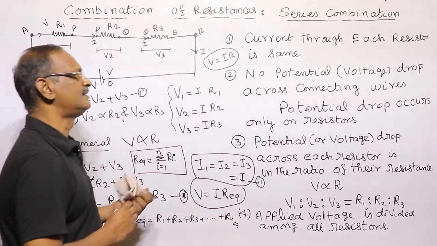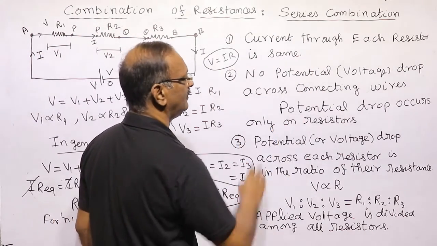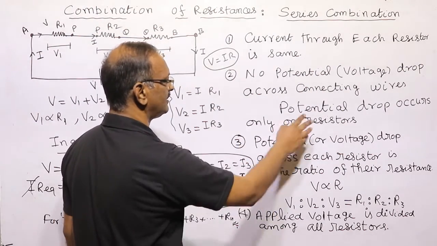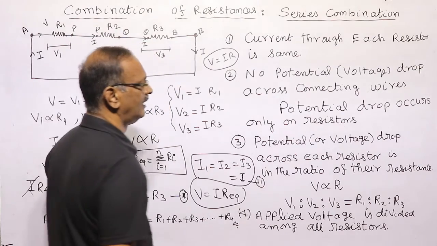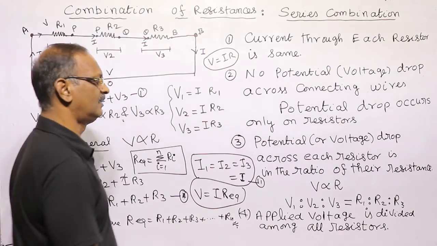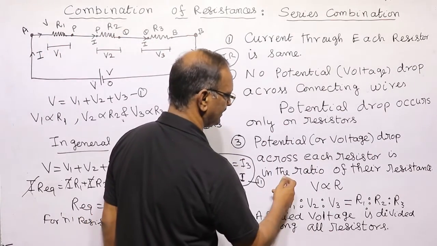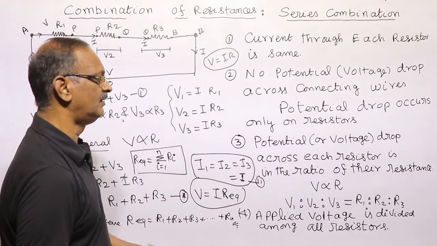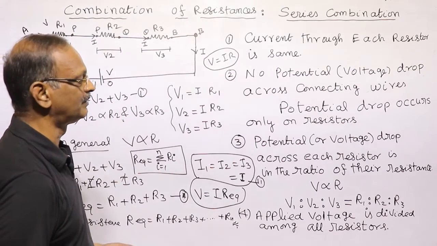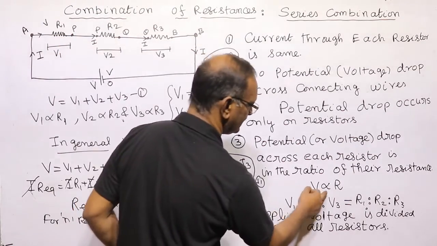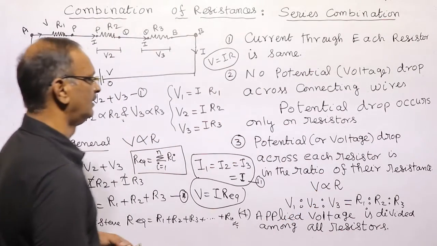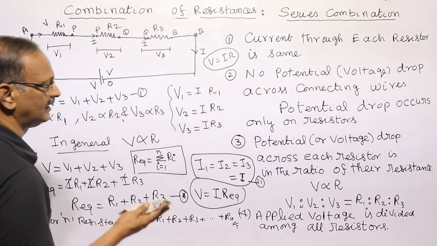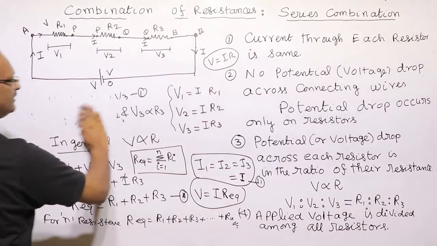The current through each resistor is the same, and there is no potential drop across the connecting wires. The potential drop is only across the resistors. The potential or voltage drop across each resistor is in the ratio of the resistance, directly proportional to the respective resistance.